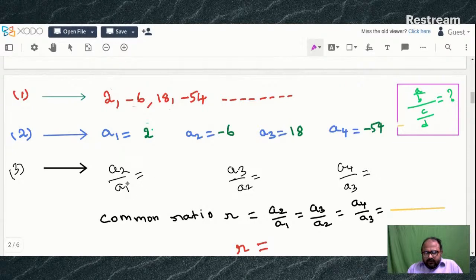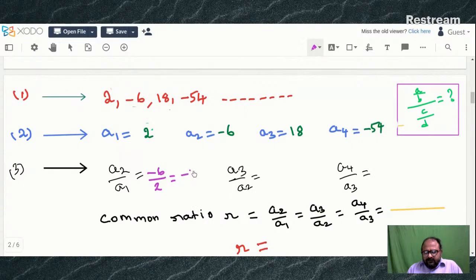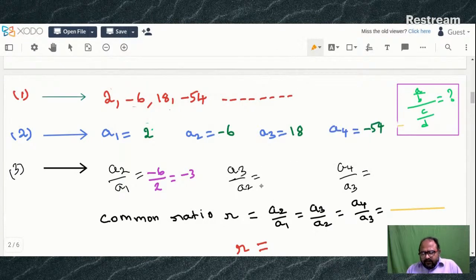Here a2 by a1, it is minus 6 by 2 equal to minus 3. Next you can find a3 by a2. a3 is 18, a2 is minus 6. This is also minus 3.